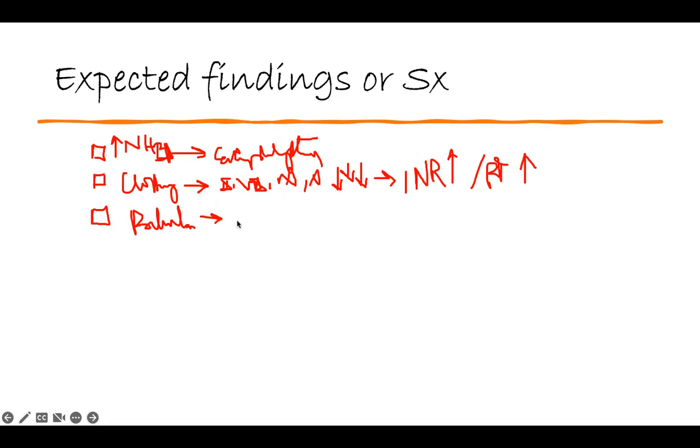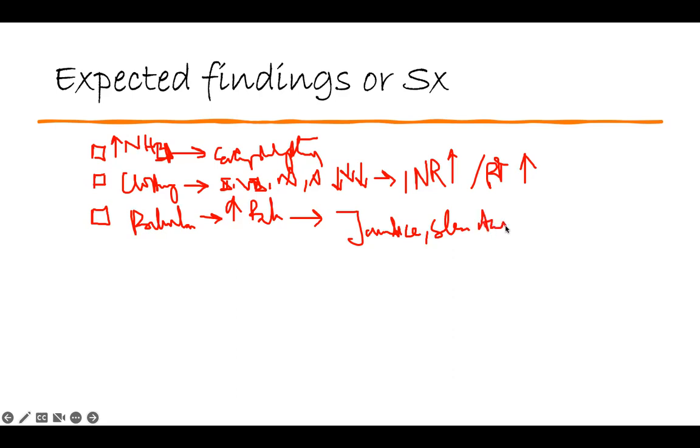So it goes into your systemic circulation instead of staying in your GI tract, and therefore you have a high level of bilirubin. How does that present? The patient is going to become yellow. When you see the patient, they will look yellow. And what else will they have? Their eyes will become icteric.